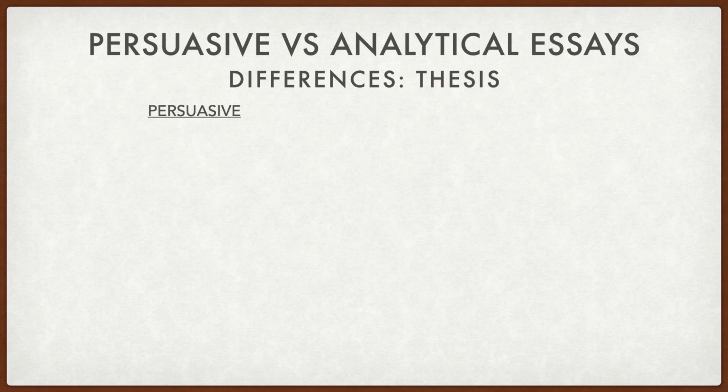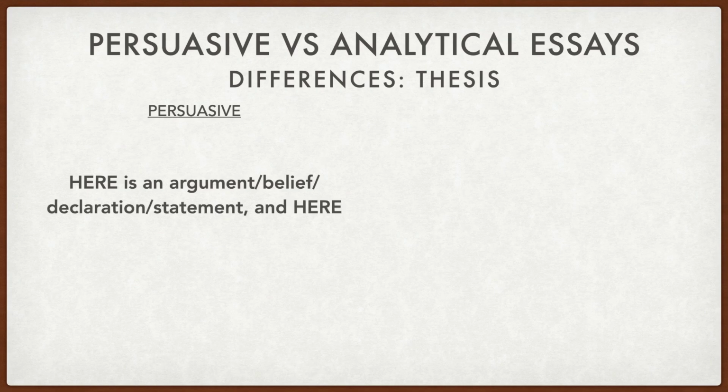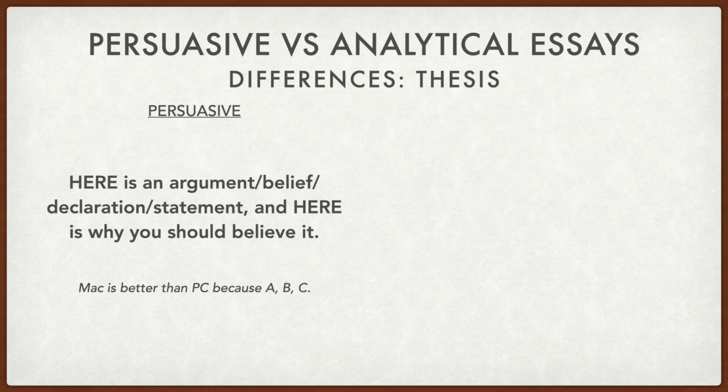The thesis of a persuasive essay tends to be like this: here is an argument or a belief or a declaration or statement, and here is why you should believe it, right? Here are some examples. Mac is better than PC because of A, B, and C. Or video games are a type of art because A, B, and C, right? We're pretty familiar with this kind of thesis statement.